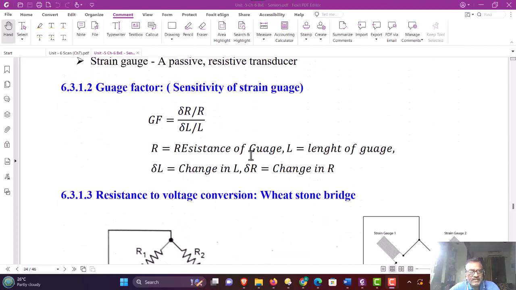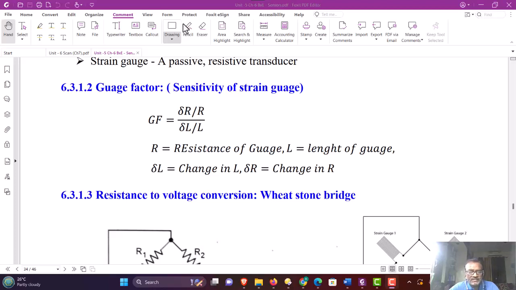Let us define some factor. It's called gauge factor of the strain gauge. It is also called as sensitivity of the strain gauge, and it is defined as gauge factor GF is equal to delta R by R upon delta L by L, where R is the resistance of the gauge and L is the length of the gauge.